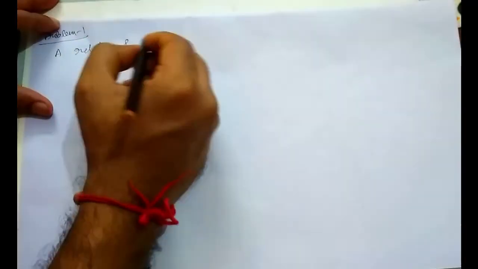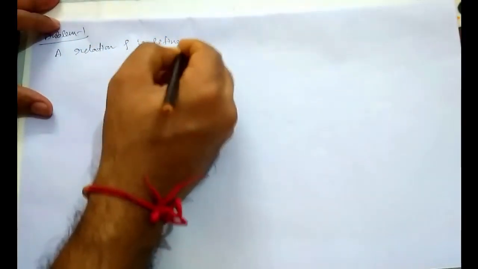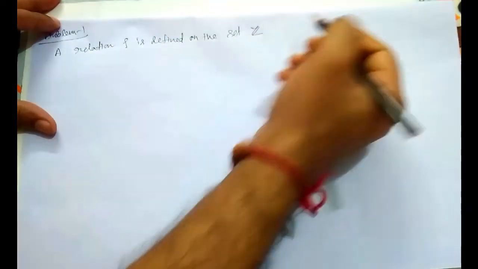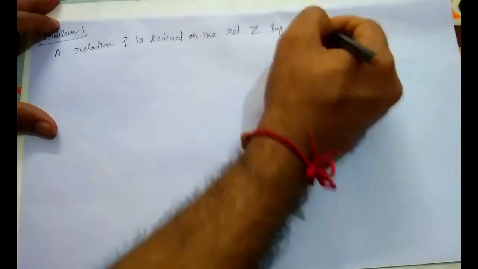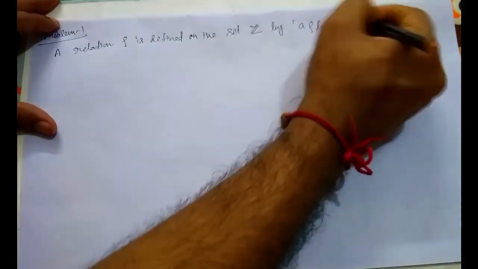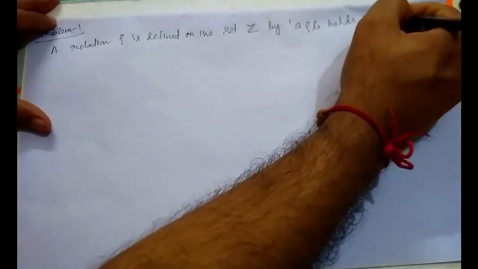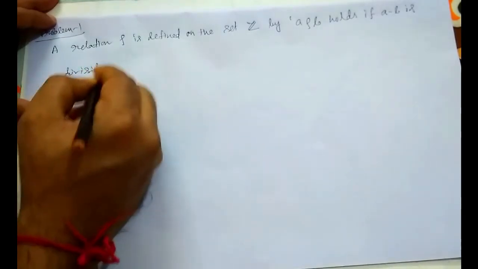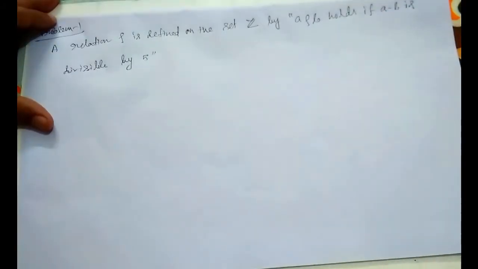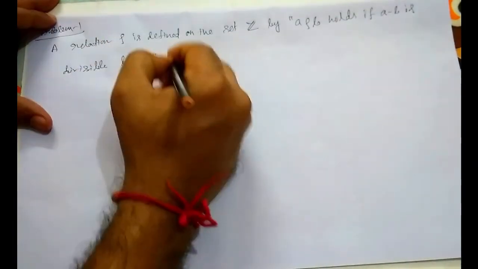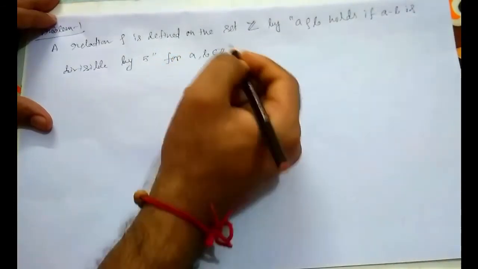A relation rho is defined on the set Z, Z is the set of all integers, by A rho B holds if A minus B is divisible by 5, for A comma B belongs to Z.